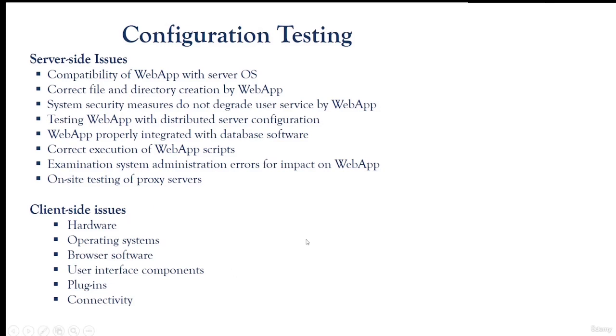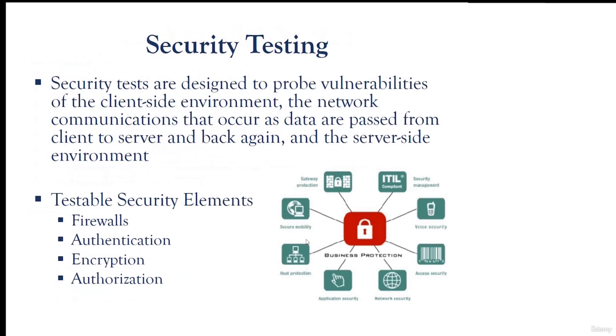Examine the impact of administration errors on your web application testing, and on-site testing for the proxy server. You must also understand the client-side issues like the hardware, operating system, software system, interface component, plugin, and connectivity. Each and everything you should keep in mind when you are targeting configuration testing.